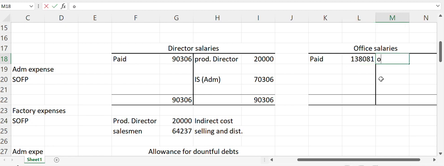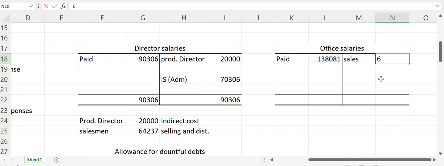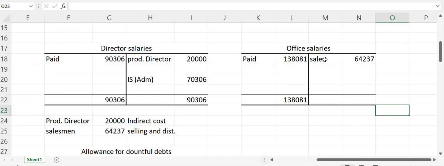Then now we remove the sales portion, which was 64,000. So the figure is going to remain the same for selling and distribution. Then the balancing figure should go to office salaries, that is admin, in the income statement.